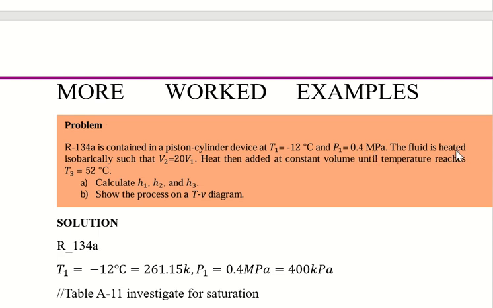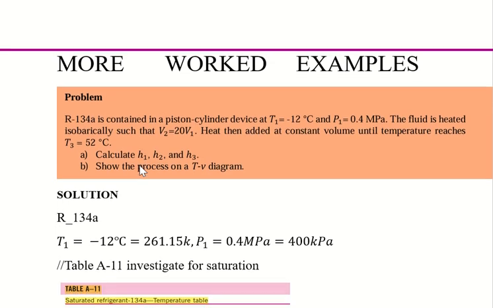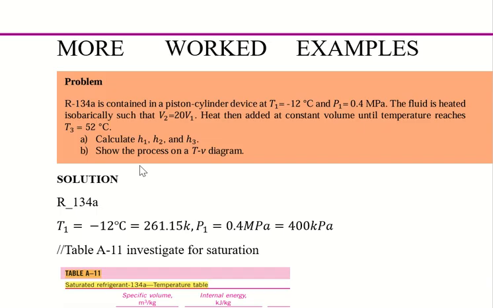The fluid is heated isobarically such that V2 is equal to 20 V1. Heat is then added at constant volume until temperature T3 equals 52 degrees Celsius. Calculate H1, H2, H3, and draw the T-v diagram.